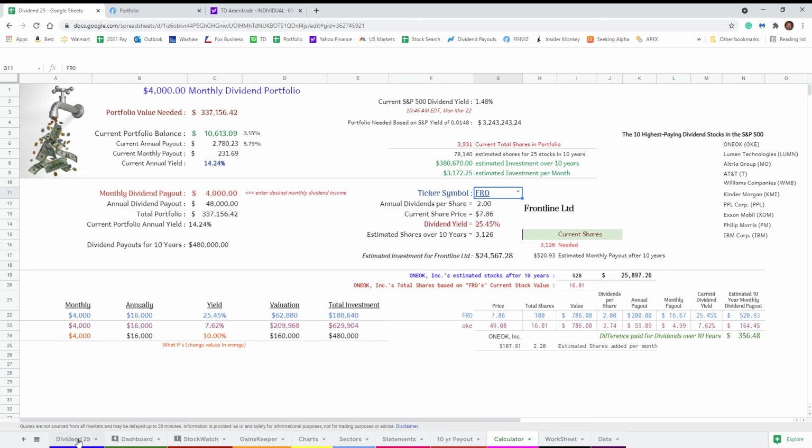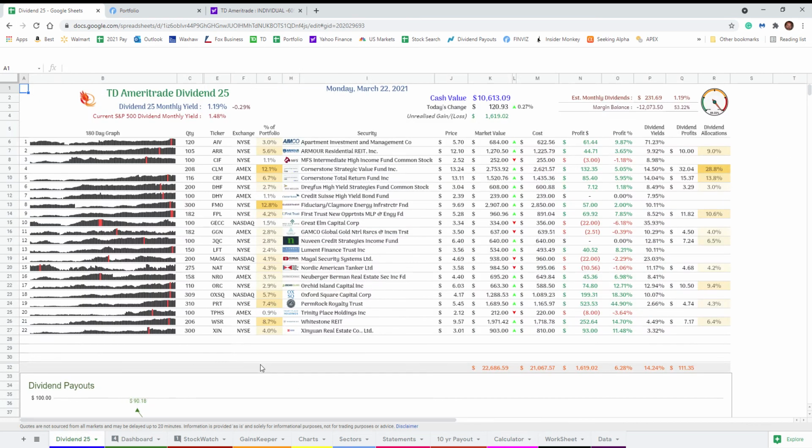Going to go back here to what I'm going to call the home page. And I think when we started this little conversation, we were like $160 up. Now we're down to 120.